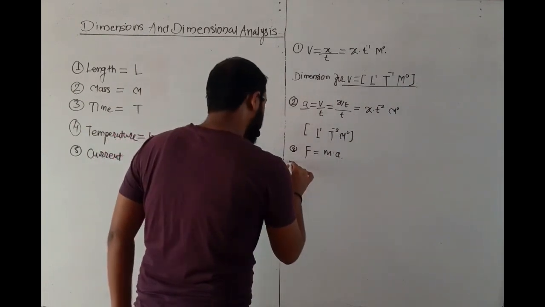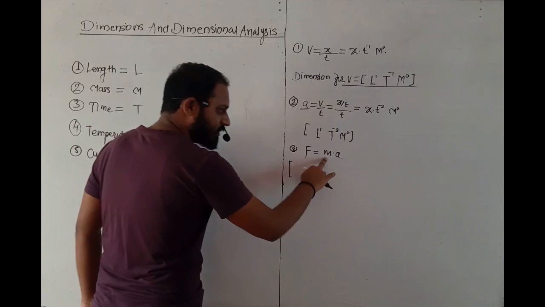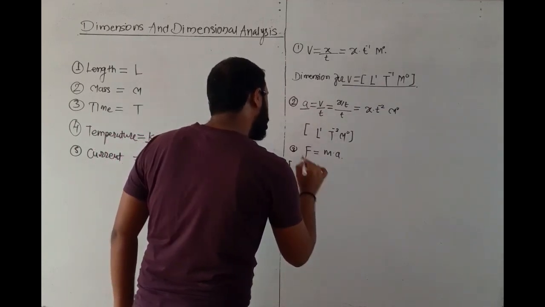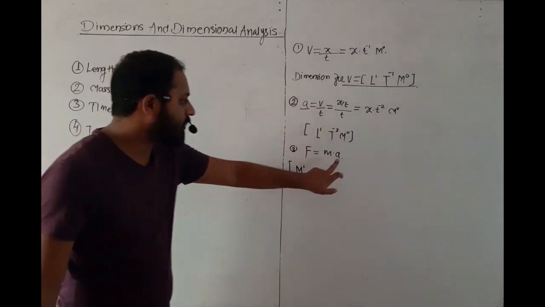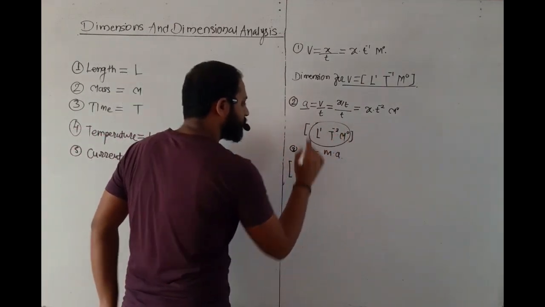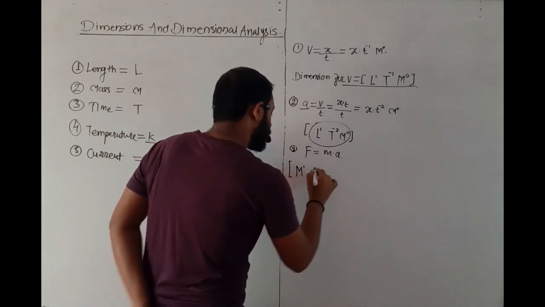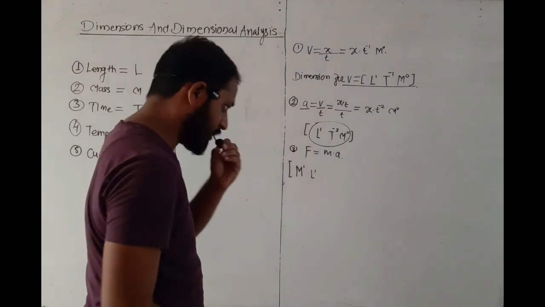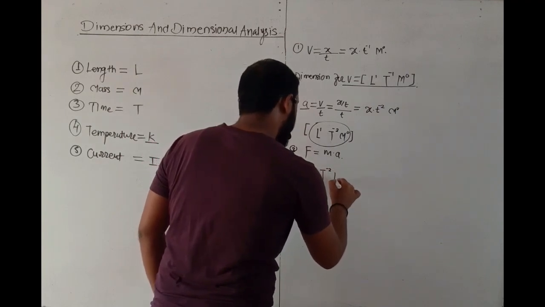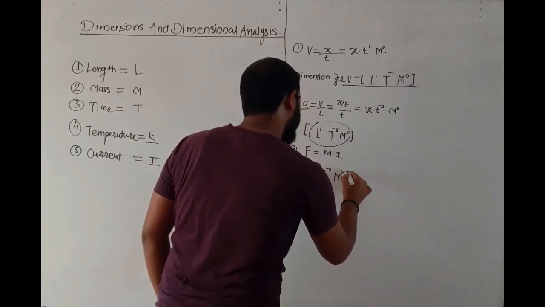Okay, that's why in place of this small m, I can write capital M whole power 1. And now in place of acceleration, I can use this dimension. Therefore, L power 1, T power minus 2 and M power 0.